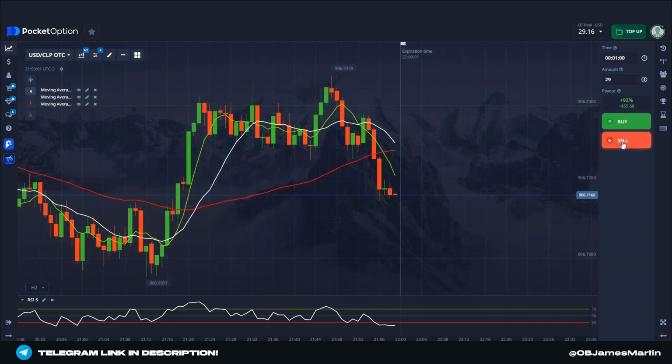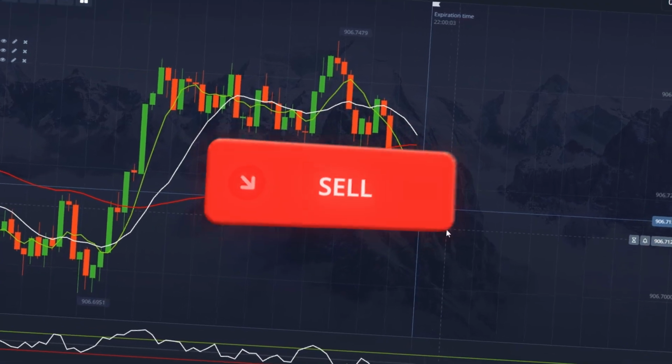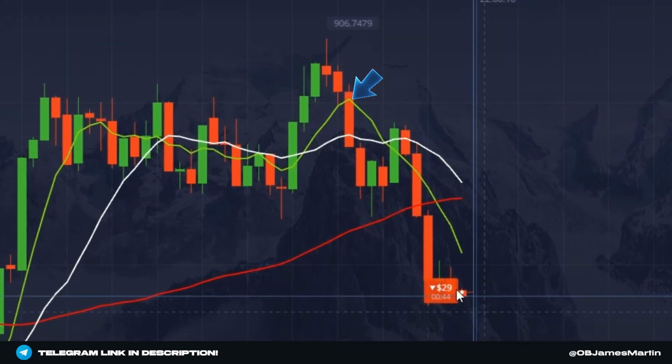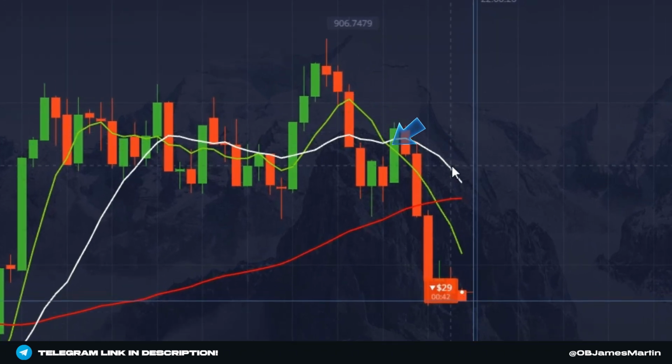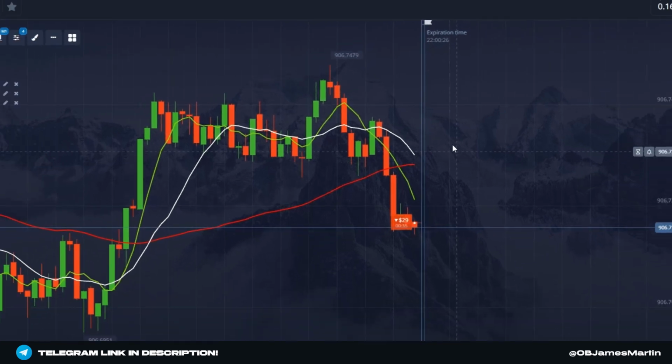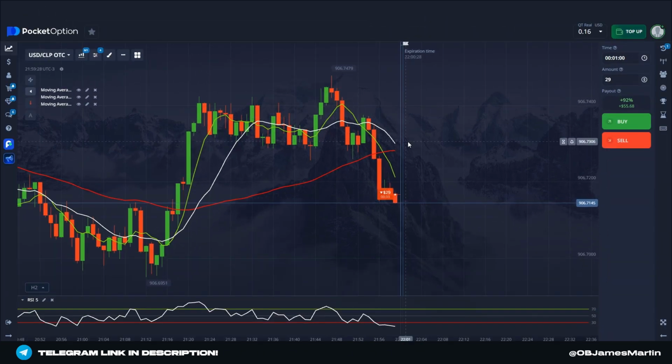Okay, guys, I want to show you a different moment, another kind from the previous 2. So this moment is relatively different, as you can see right here. The difference is as follows. If the white line and the green line of the moving average cross each other, it's down, the red line across the red candle, as you can see right here.